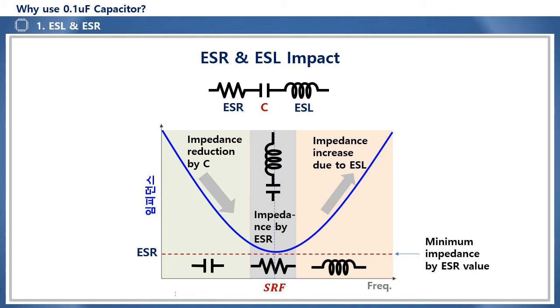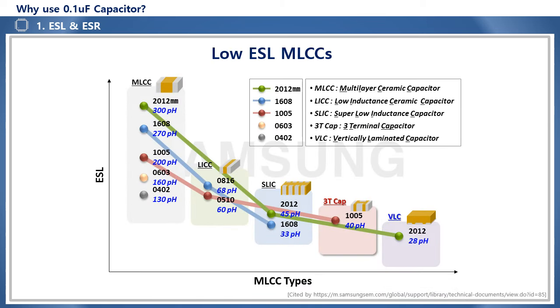In the application of noise-removing capacitors, the reason for adding MLCCs with capacitances other than 0.1 microfarad and connecting them to the power pins of the IC is to upwardly shift this SRF. In addition to traditional MLCC, SMD-type capacitors include various capacitors with low ESL characteristics.